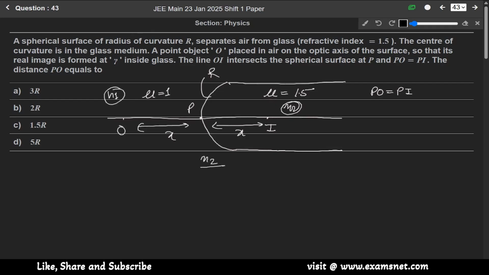So N2 over v minus N1 over u is equal to N2 minus N1 over R. N2 is 1.5 over v. v is this x, minus N1, N1 is 1 over u, u is x, is equal to 1.5 minus 1 over R. Okay.